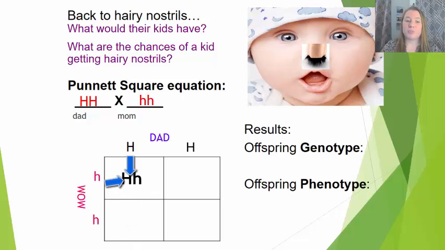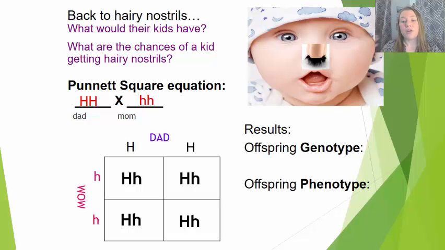So we have the capital H brought down from the dad plus the lowercase h from the mom, and those get brought in to make capital H, lowercase h, which is one possible baby. Now the next box, again, we bring the capital H down from the dad, lowercase h over from the mom, and we get another heterozygous individual. So we'll fill in the other two boxes using that same method.